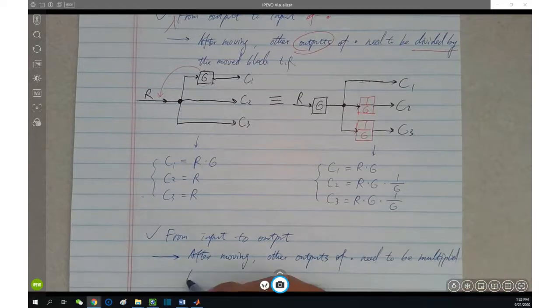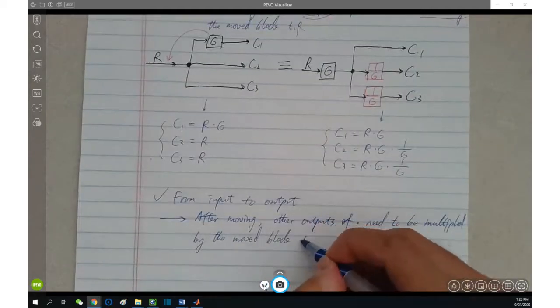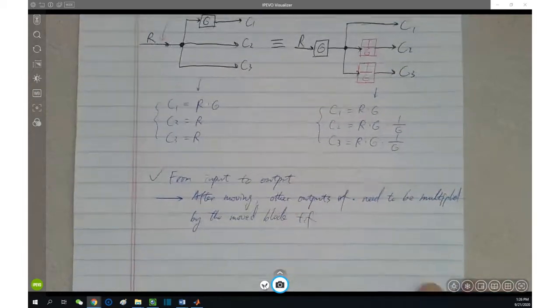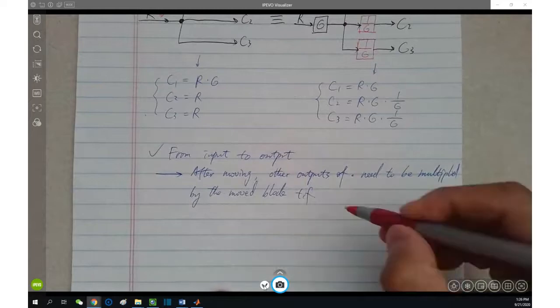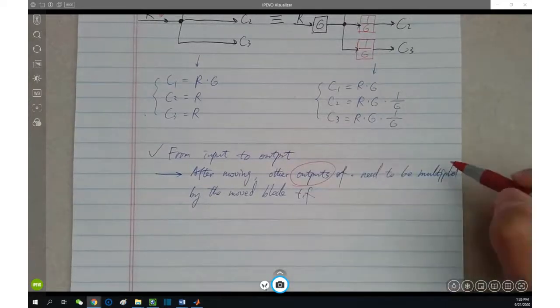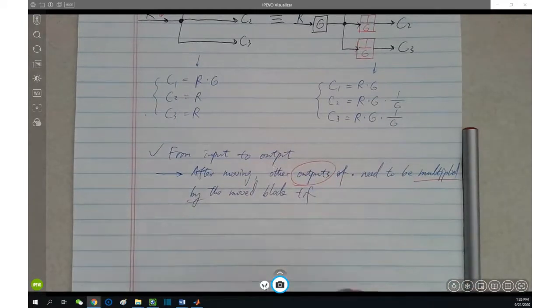Multiply by the moved block transfer function. Very easy to guess now. Other outputs, this time multiply by it. Right? Here.